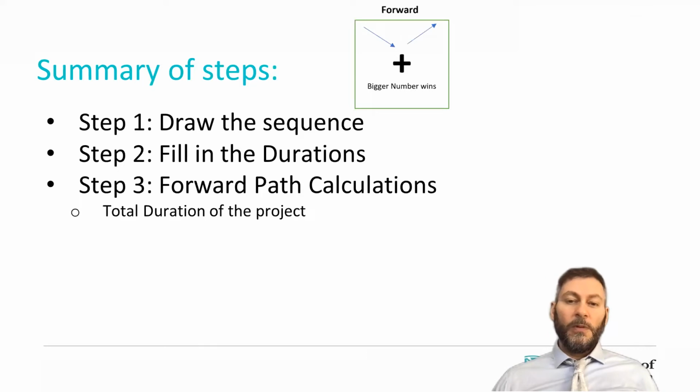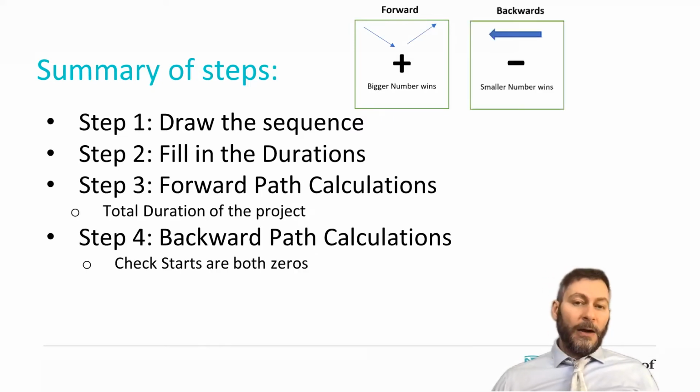Then you do the forward path calculation. And again, you visualize it. It's a V shape. You add the numbers and you go with a bigger number when you have a choice. At the end of it, you get the total duration of the project. You do the backward path calculation. Again, it's a simple arrow going back on the bottom of the boxes. It's subtraction, and where you have a choice, you go with the smaller number.